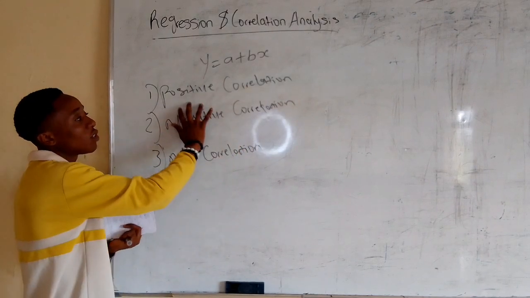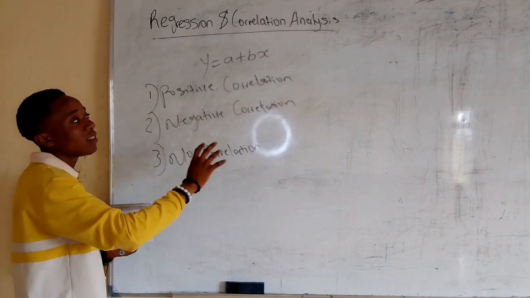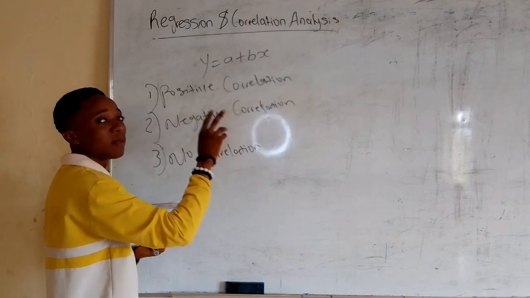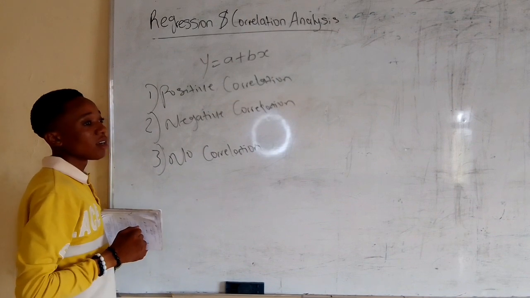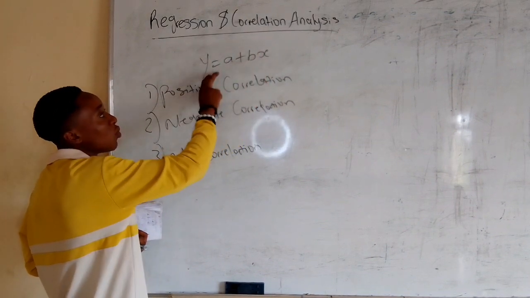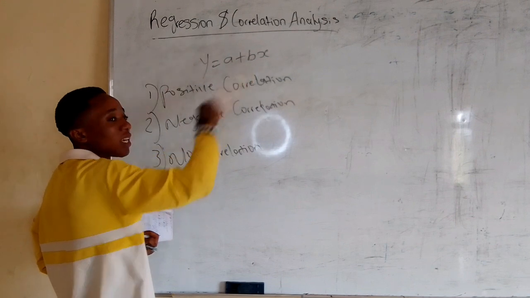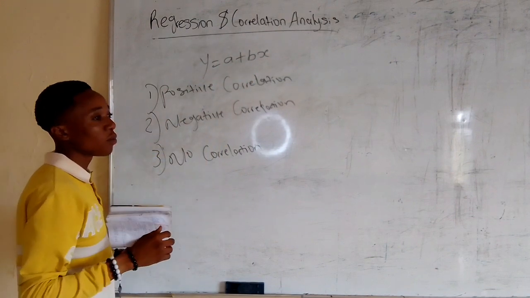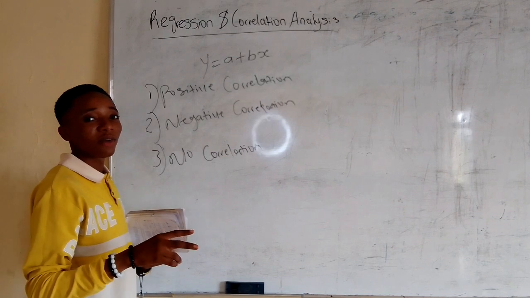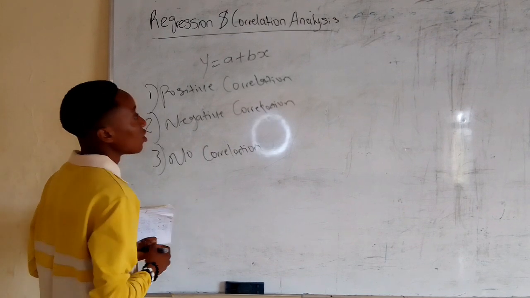Positive correlation is when the two variables move in the same direction. That is to say, when a change in x causes y to move in the same direction as x. For example, the phrase says birds of the same feather flock together.